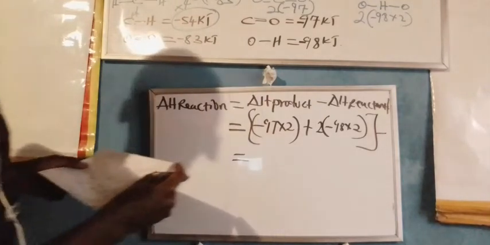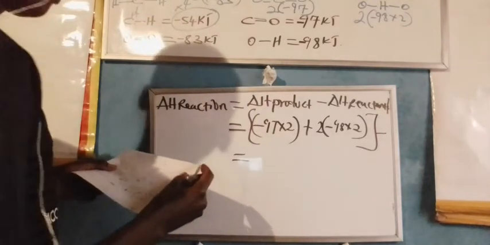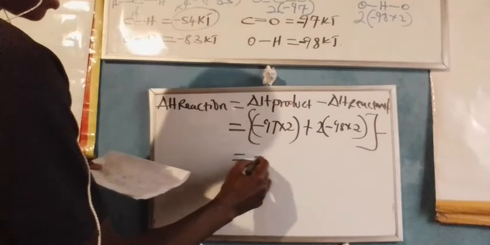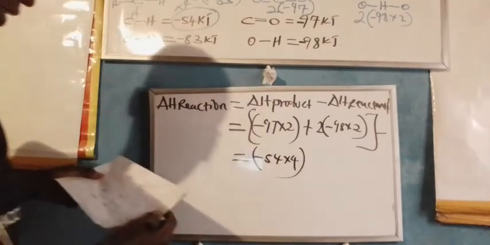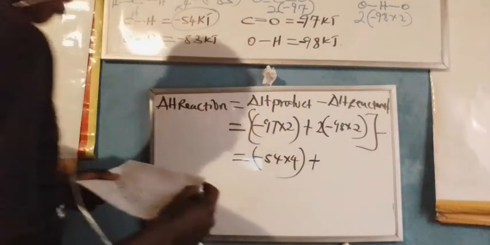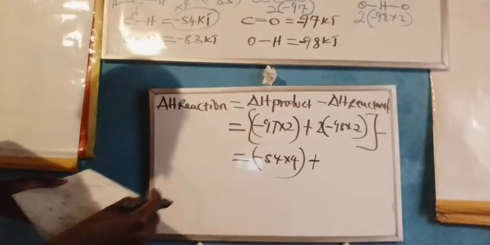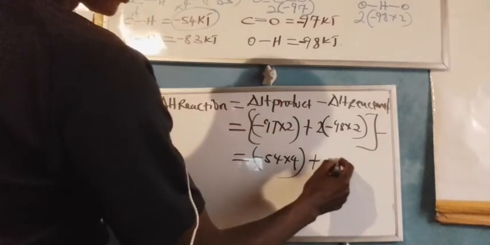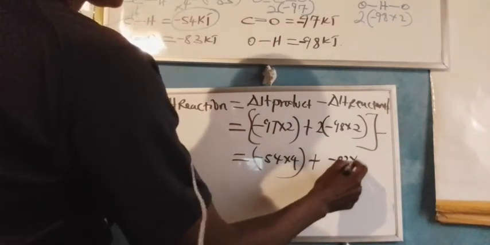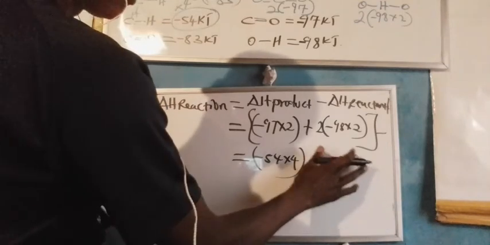The reactant constitutes 4 bonds of negative 54. So negative 54 times 4 respective bonds plus there we have O, which is negative 83. So it's negative 83 times the number of molecules, which are 3.